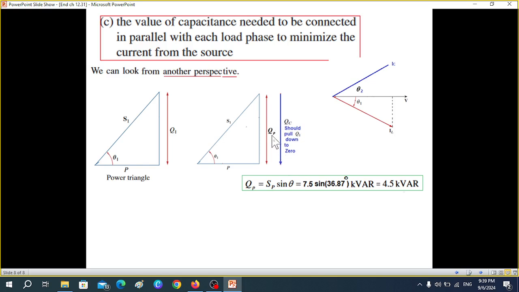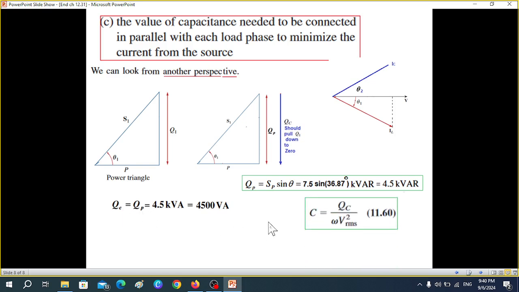That means QP should be equal to QC. This one, bring it down, so the value should be the same. So we can say that QC should be equal to QP, which is 4.5 kVAR or 4500 VAR.